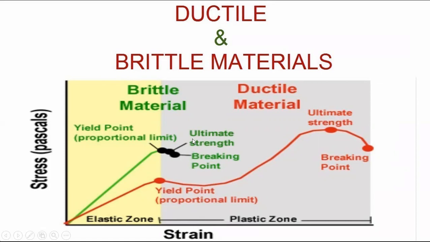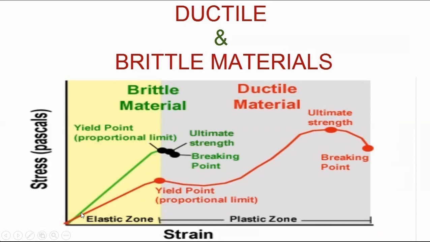Okay, the ultimate strength point and breaking point are very close to each other, and even the yield point also. So this is the basic difference in the stress strain curve of a ductile material and brittle material.